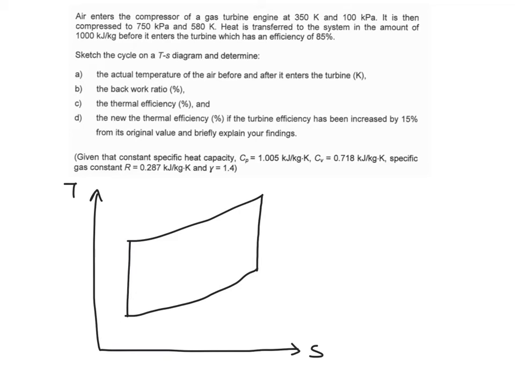So this is your state 1, where the air is initially at 100 kilopascal. So this is your constant pressure line. And your initial temperature given is 350 Kelvin.